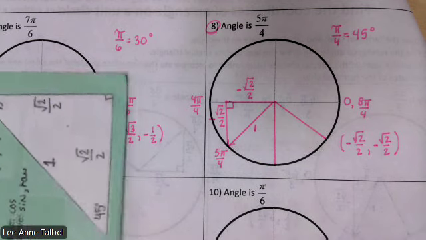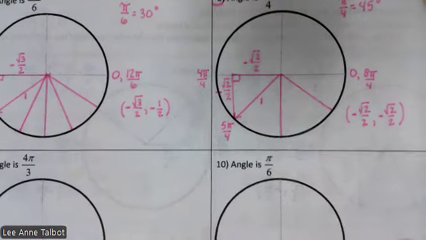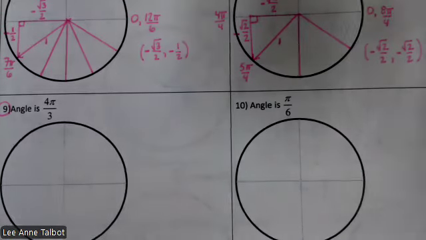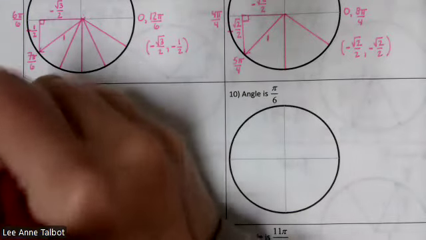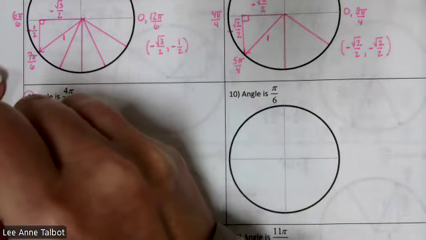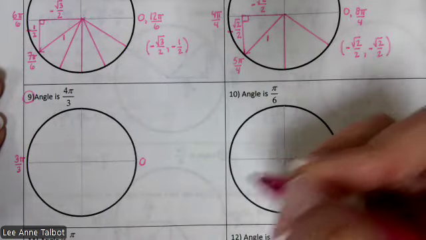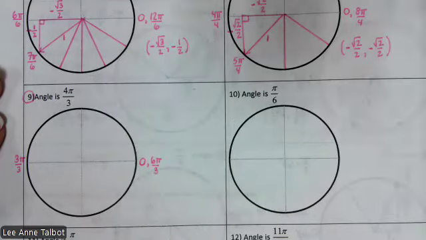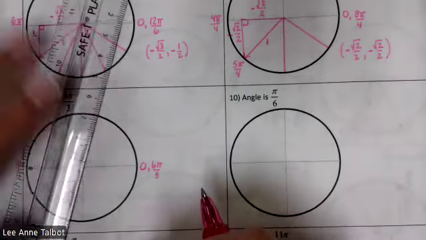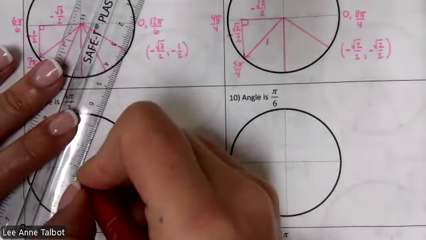Okay. Last one for the day. 4 pi over 3, 0, 3 pi over. Is it really in quadrant 3 again? I mean, it's fine.